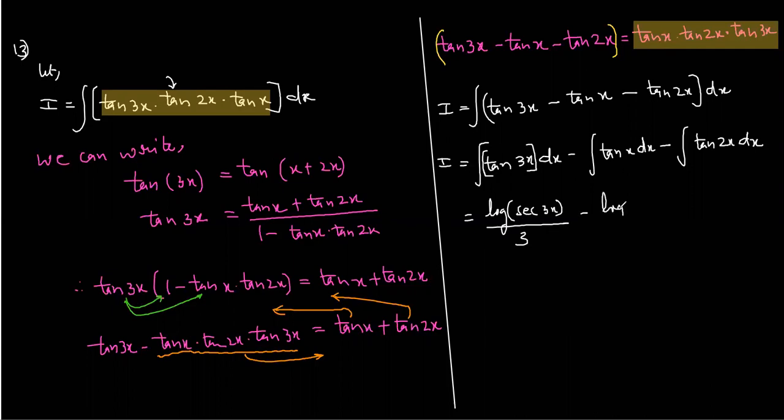Minus log of sec x. It is simply tan of x, so no need to write divide; the x coefficient is 1, and division by 1 is the same. Minus log of sec 2x, the whole divided by 2, plus c.